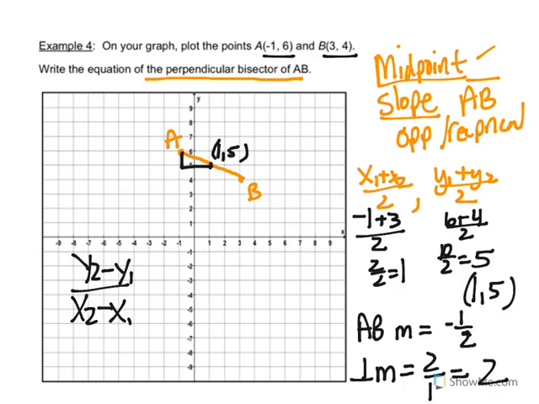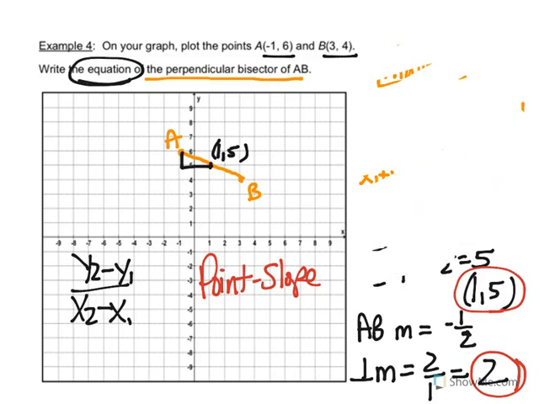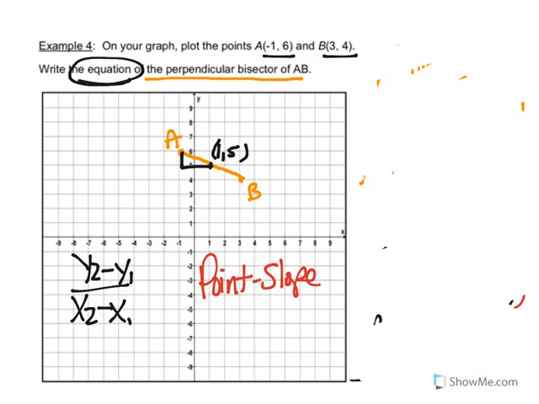Okay, so we still need to find an equation for this, and voila, you remember from algebra, when you have a point and you have a slope, you can use point-slope form to figure out the equation of the line. So that's what we're going to do. I'm going to have to erase some of this so that we can do our math, okay? So our point was (1, 5), and we have a slope of 2.